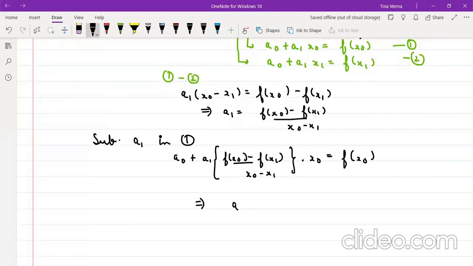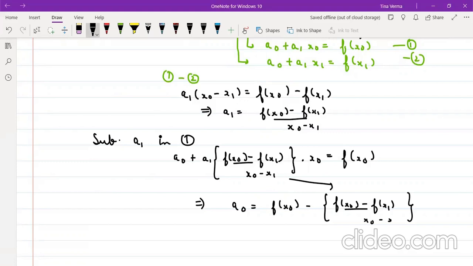When you solve, a naught is f of x naught minus that quantity, which works out to f of x naught into x1 minus function value at x1 into x naught, divided by x1 minus x naught.